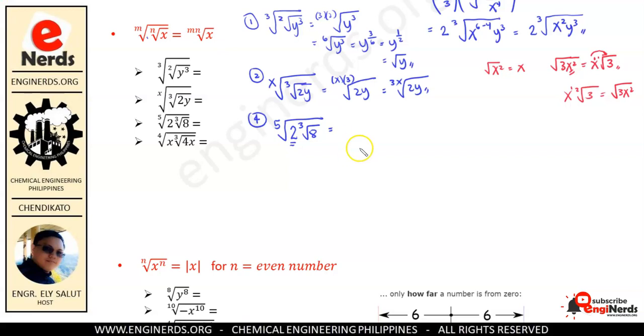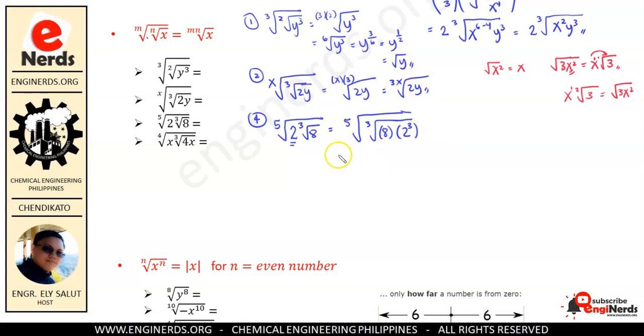So, we have here fifth root of, okay, so we have here 2. We know that it has an exponent of 1. So, 1 times 3, we will have the cube root of 8 times 2. And then, multiply natin yung exponent. 1 times 3 will be equal to 3.